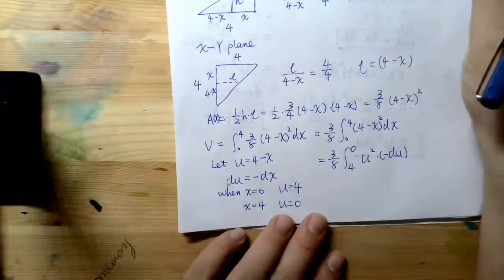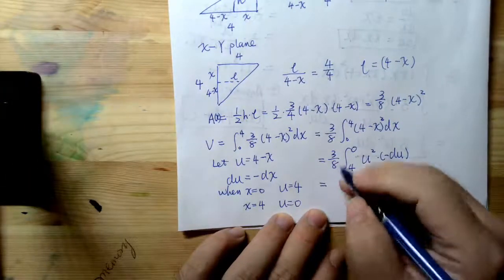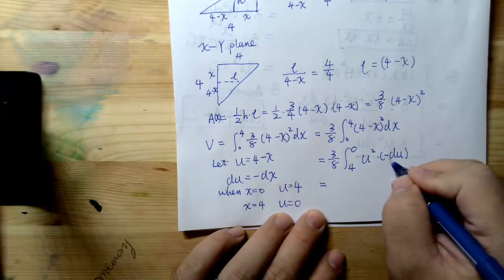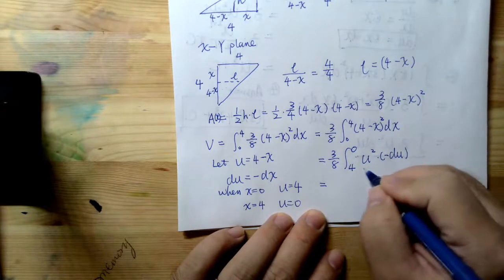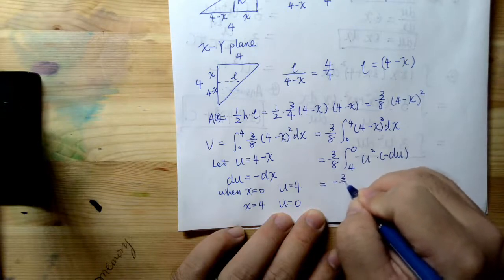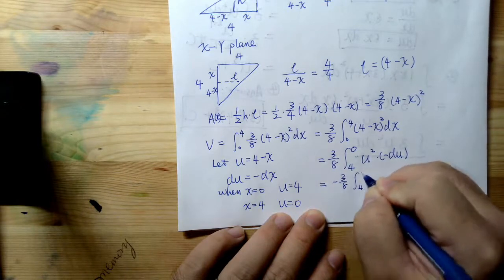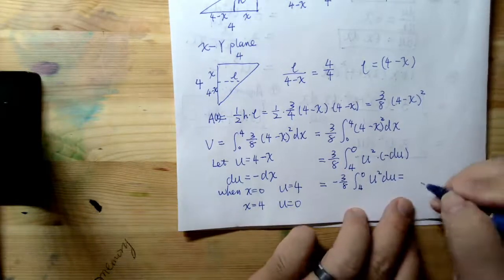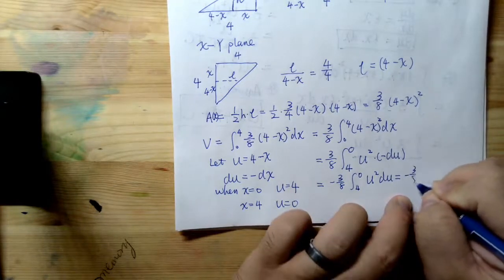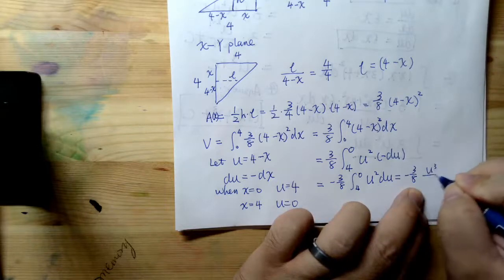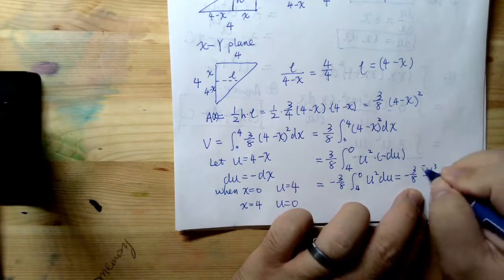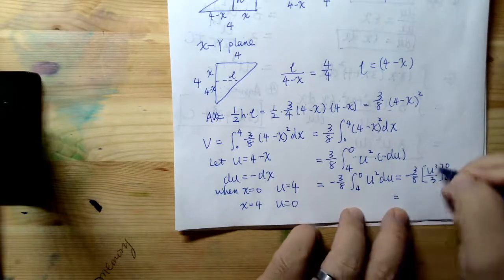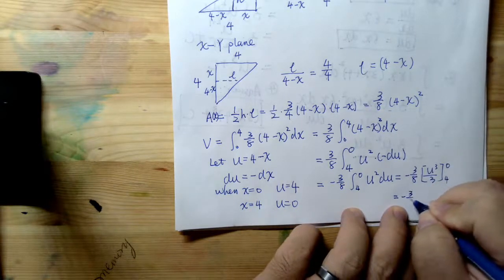So putting all this together, we can take this negative in front. This is negative 3 over 8 times the integral from 4 to 0 of u squared du. It turns out this is negative 3 over 8 times u cubed over 3, right? And then what we do is plug in 0. Negative 3 over 8 is a constant.